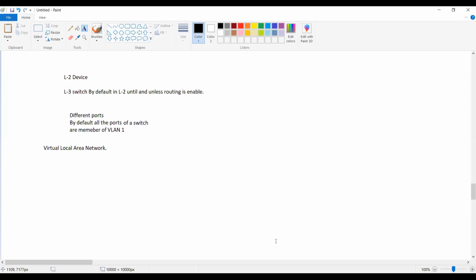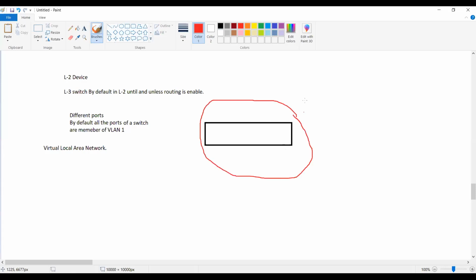Am I clear? Let's say this is my switch. What I told, all the ports initially are members of VLAN 1. This entire switch is on which VLAN? VLAN 1.